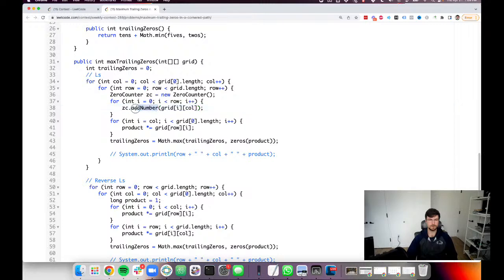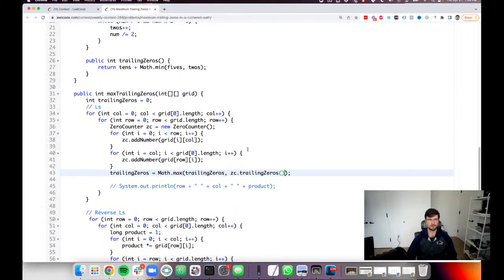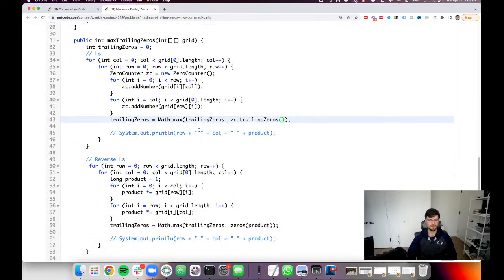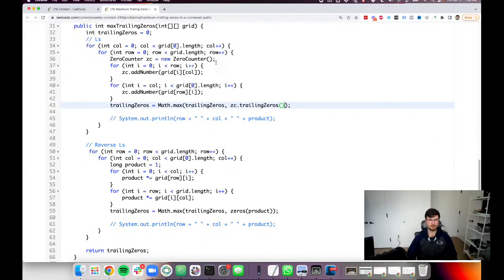And this becomes again... now again, is this necessary? Probably not. And then this becomes ZC dot trailing zeros. Right. Now we do the same thing below.